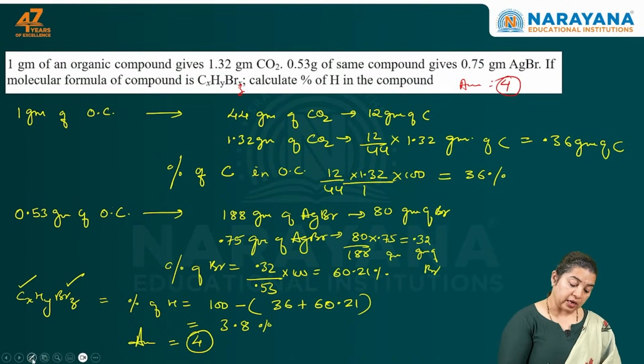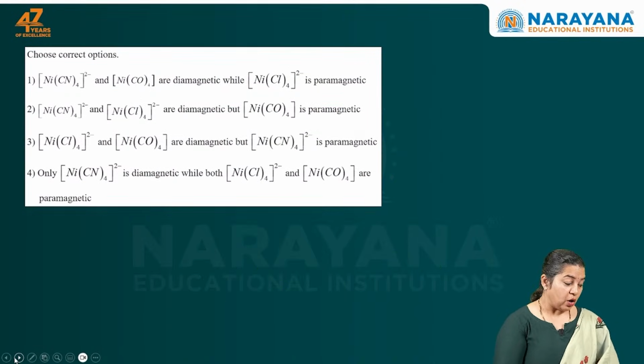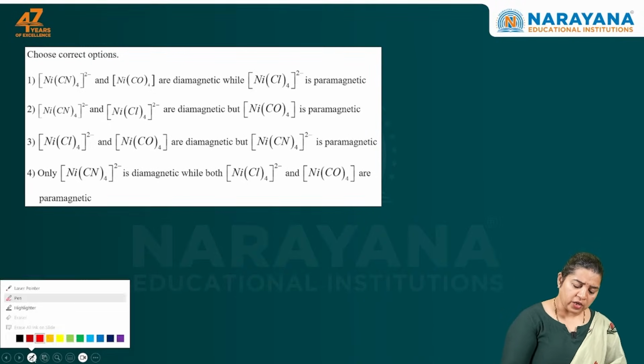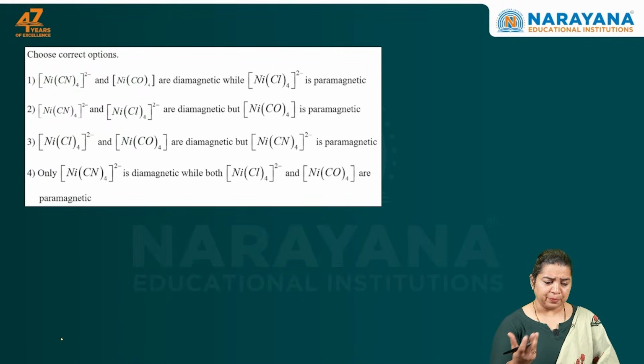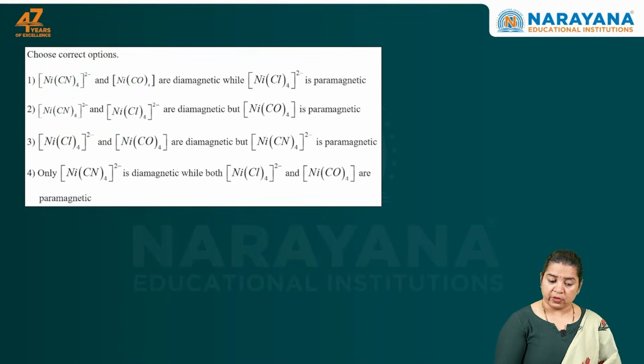Okay. Now, let us move to the next question. This question is a continuous repeat; out of, say, 8 papers, it was in 6 papers here and there, in different languages. Coordination has been asked repeatedly. Choose the correct options.